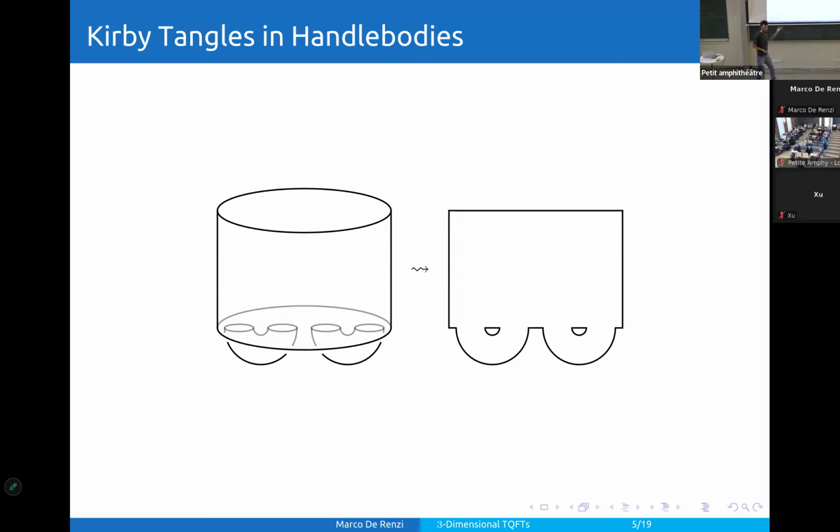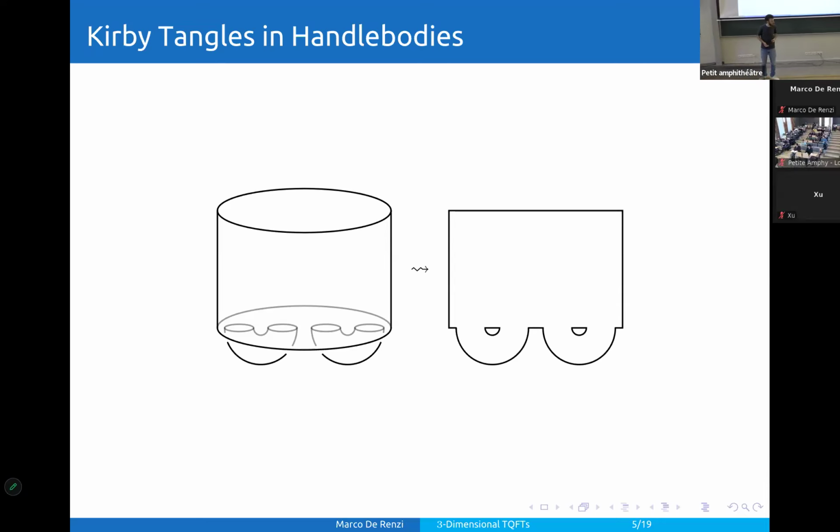So the genus 2 handle body in this configuration can be understood as a three-dimensional cobordism with corners from a surface of genus 2 on the bottom base with one boundary component, which is this big circle, to the surface of genus 0 on the top, again with one boundary.